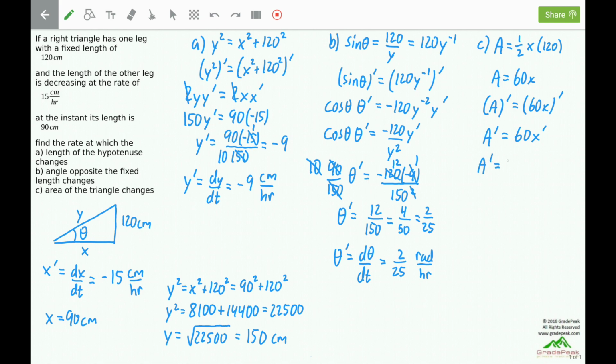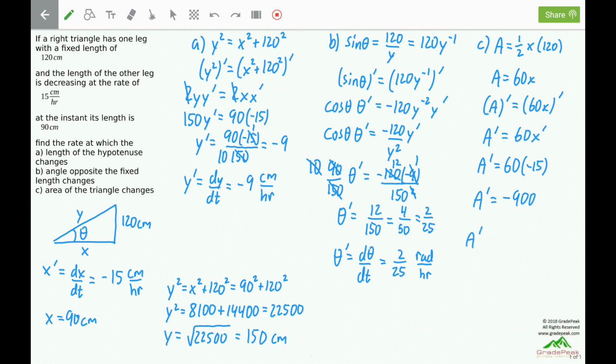We can now plug our numbers in. We have x prime as a -15. So now we just need to multiply 60 times -15. That comes out to -900.